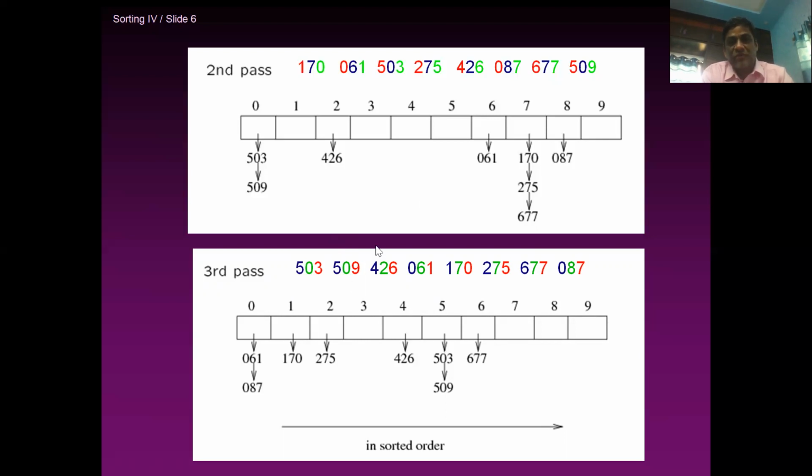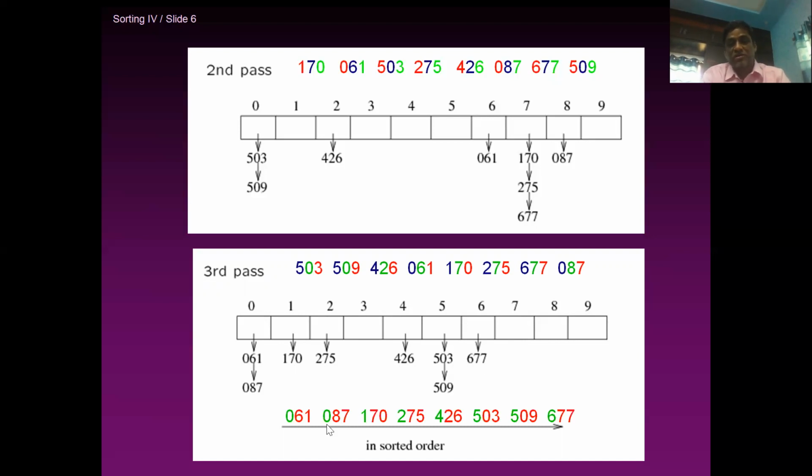So bin 5. 426, bin 4. 061, bin 0. 170, bin 1. 275, bin 2. 677, bin 6. 087, 0, bin 0. And take out the numbers 061, 087, 170, 275, 426, 503, 509, 677.